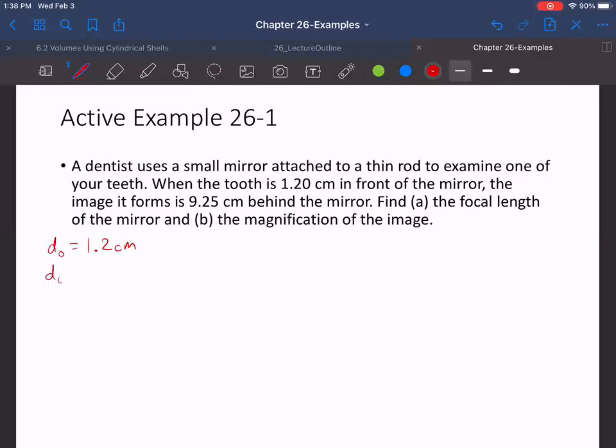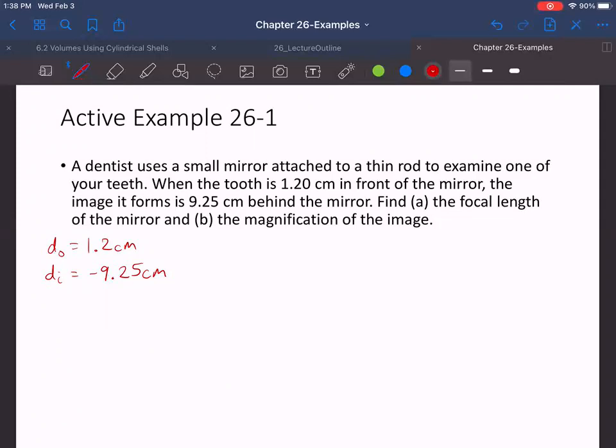So DI is what? Negative 9.25 centimeters. There we go, behind the mirror. Find the focal length of the mirror and the magnification of the mirror.